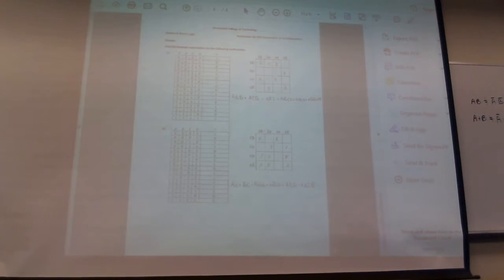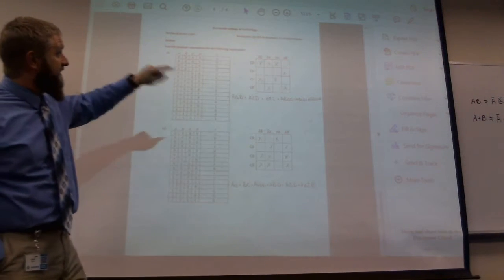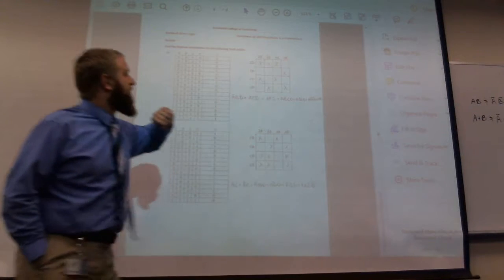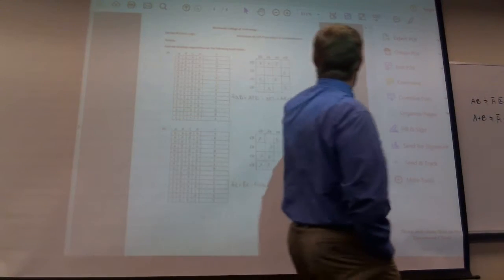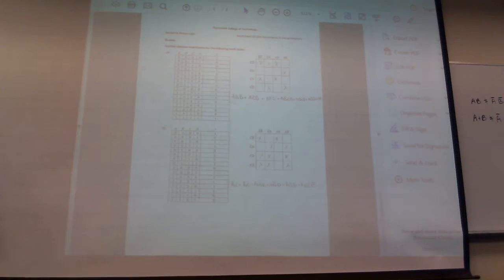Big long answers, kind of hard to read, sorry. I had a lot of standalone cells in our Karnaugh maps. That turned out very poorly, didn't it? Should have just written it on different lines so I could have made it larger.